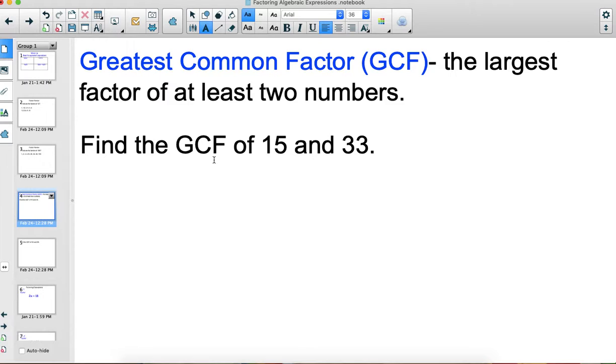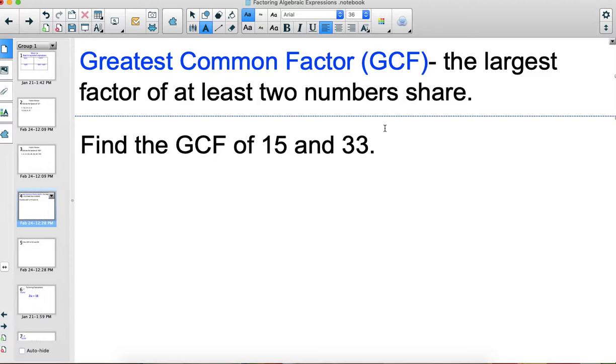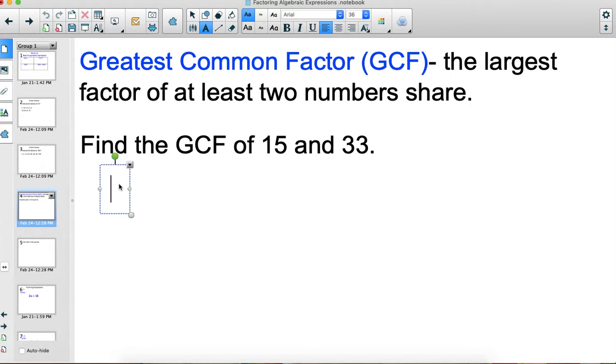And then another thing you might have learned in 6th grade is greatest common factor. This is the largest factor at least 2 numbers share. So if we're going to find the greatest common factor of 15 and 33, there are 2 ways to do this. One is to list all the factors and then compare them to find the largest one that matches. So let's start with 15.